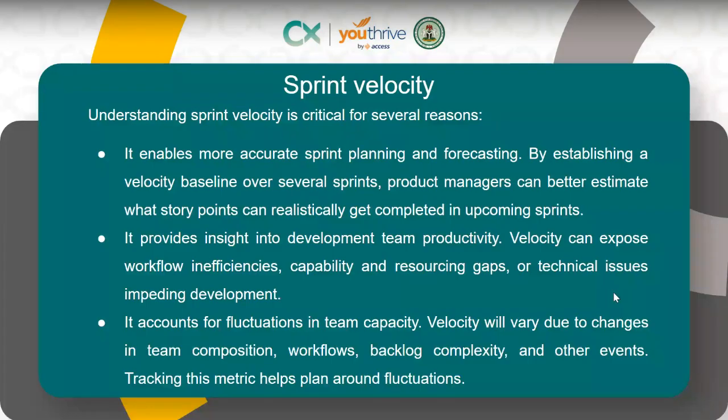So let's say you have more backend guys and your product is not so much front end dependent. You might not have any issue. But if it's a product with a lot of front end work, and you have fewer front end guys and more back end guys, you might see that your velocity is low in terms of being able to complete the features that you're trying to roll out.